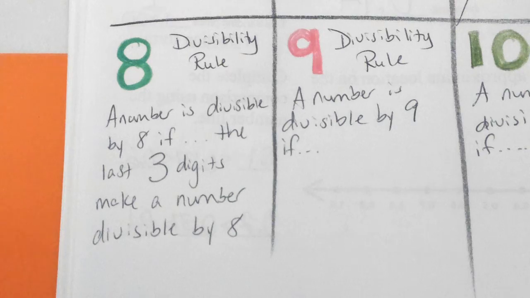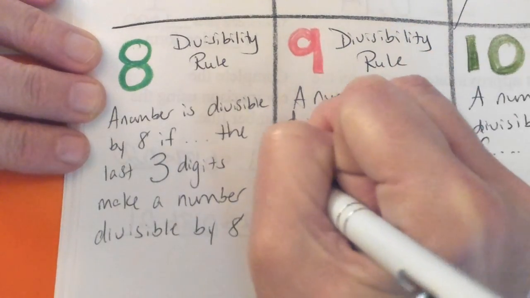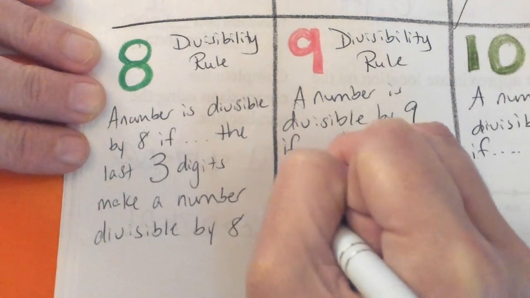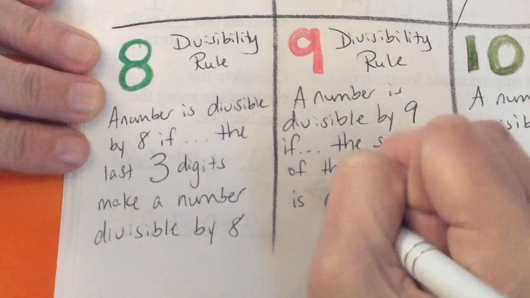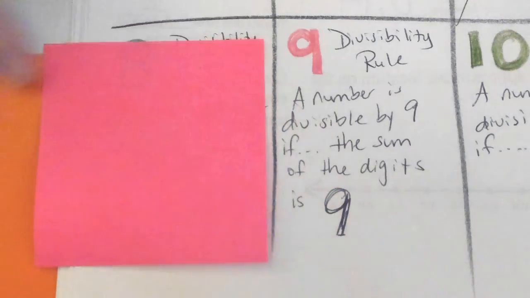9. A number is divisible by 9 if the sum of the digits is 9. Okay? And just like with the 3, you may have to add more than once.